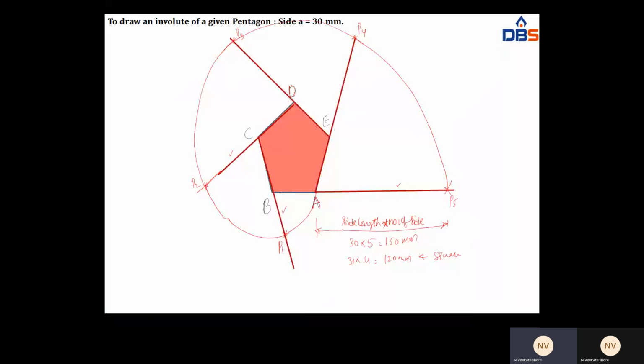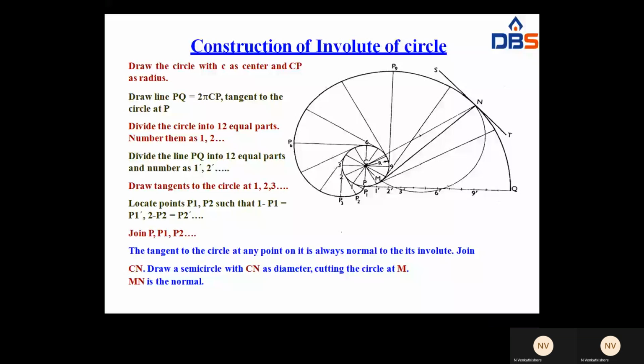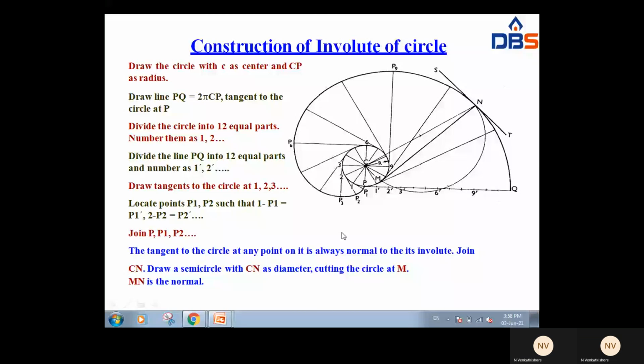We may go for one more model, that is the involute of a circle. This is the last one to solve here. What is the involute we discussed?